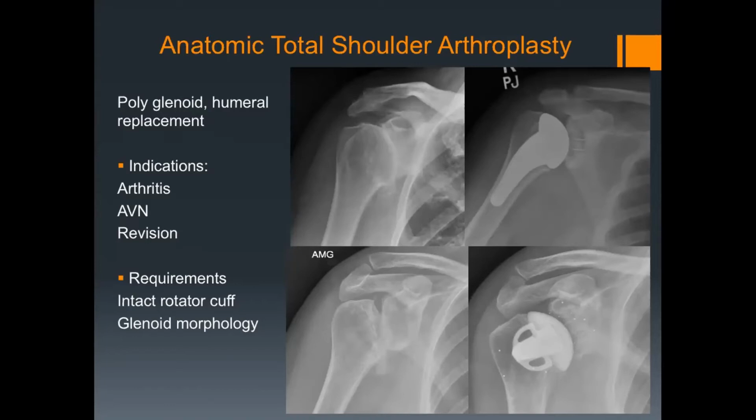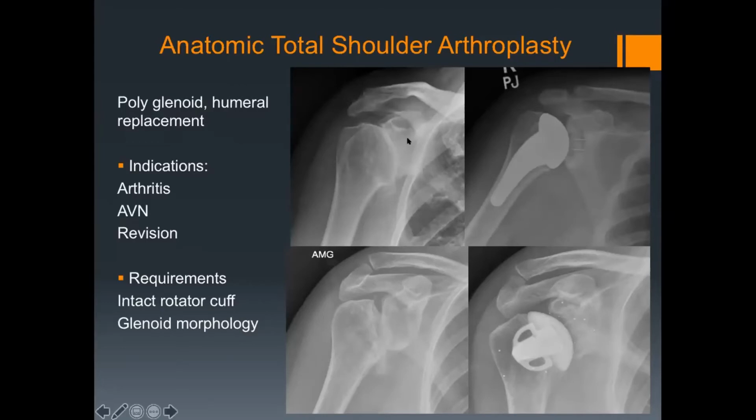There are a couple of key requirements. One I've already mentioned, which is suitable glenoid morphology, but you also require an intact rotator cuff for this. So we will often check the integrity of the rotator cuff prior to implantation of a total shoulder arthroplasty.